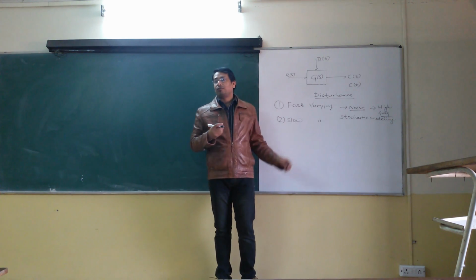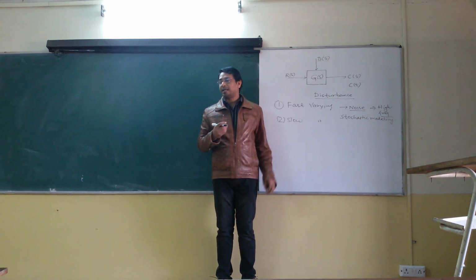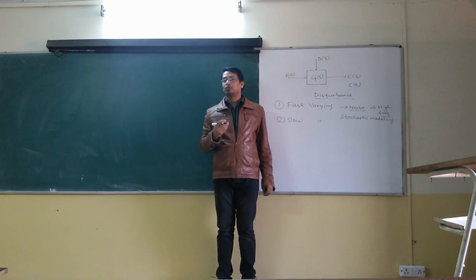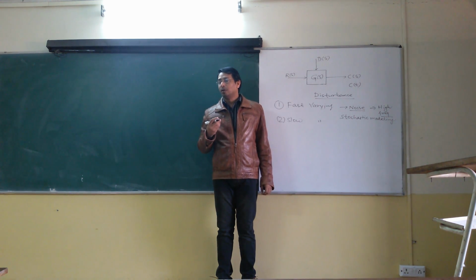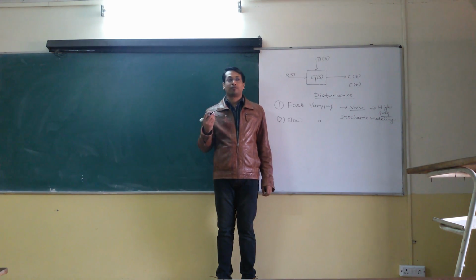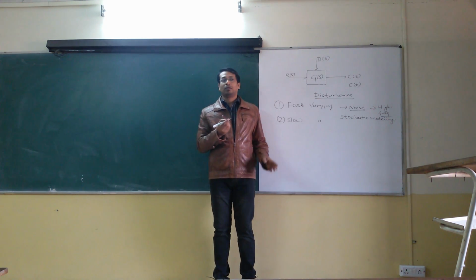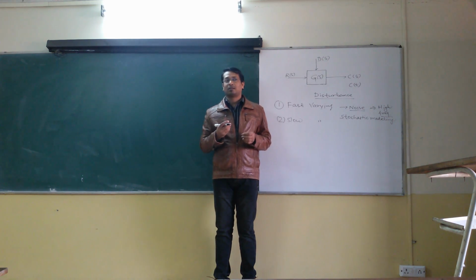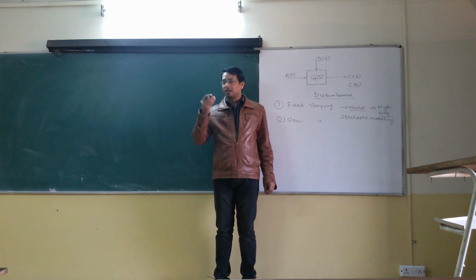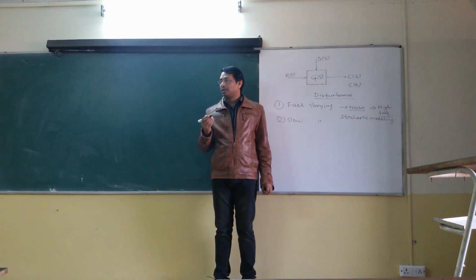In our case, the second case is that of slow varying disturbances. Here also the exact waveform of your disturbance is not known to you, but you can predict the nature of the disturbances. For example, we have taken a case of a classroom heating system. If somebody opens the door, you know that the temperature will start to fall in an exponential manner.